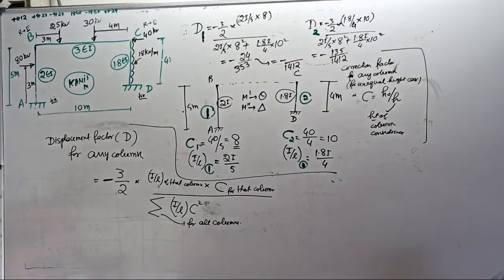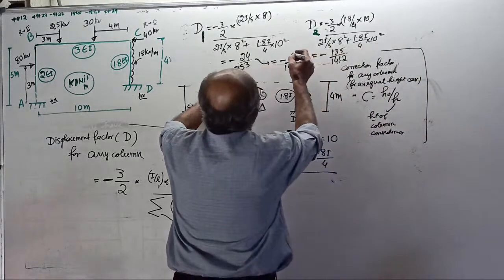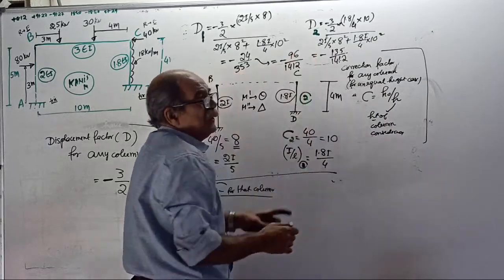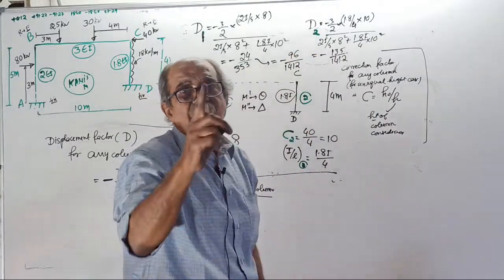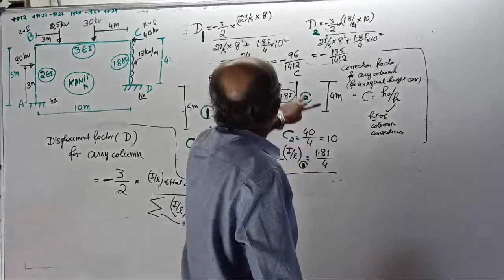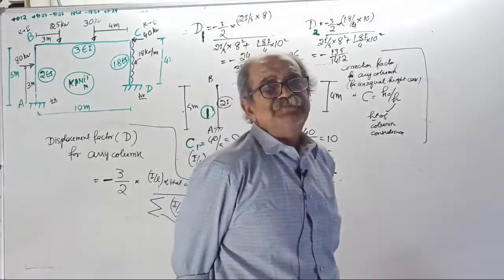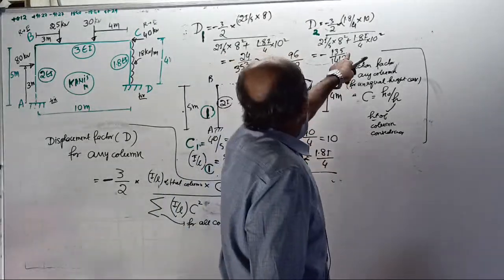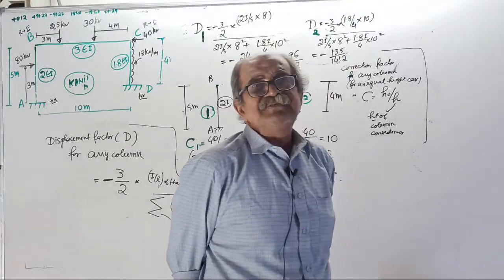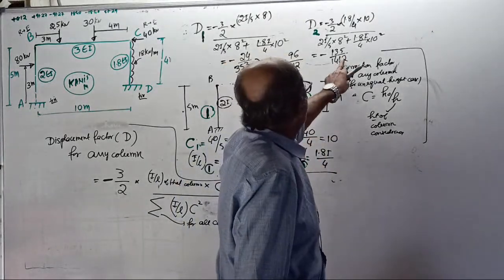What is the number? Minus 96 by 1412. Therefore, for the left column, I will enter minus 96 by 1412. Right column, I will enter minus 135 by 1412.